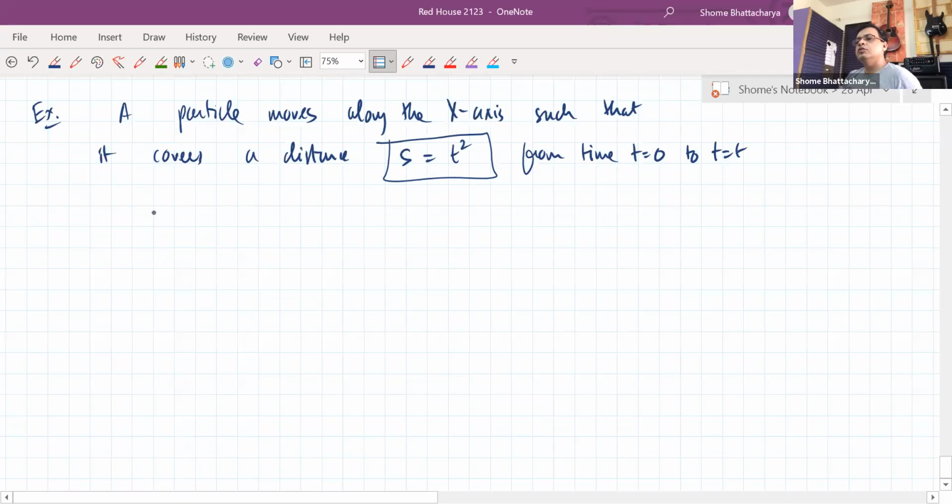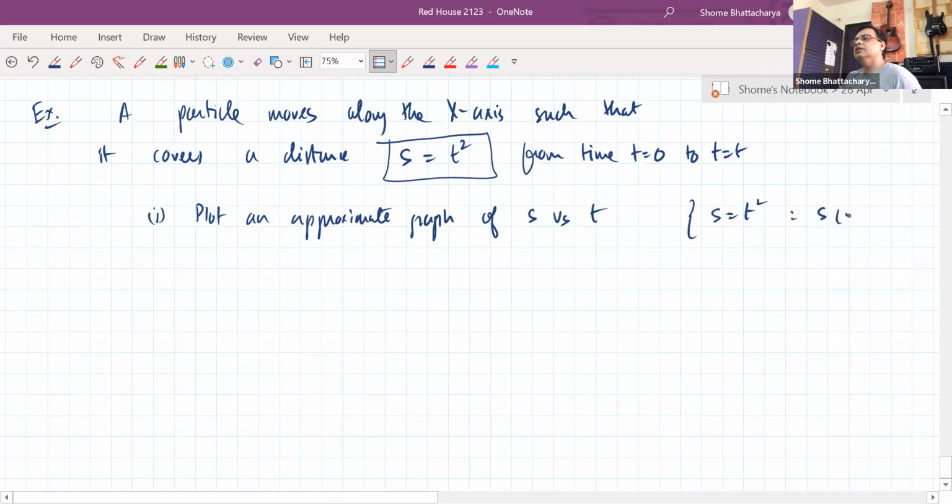So first of all, we want to plot an approximate graph of s versus t. Here s is equal to t square, where s is in meters and t is in seconds.